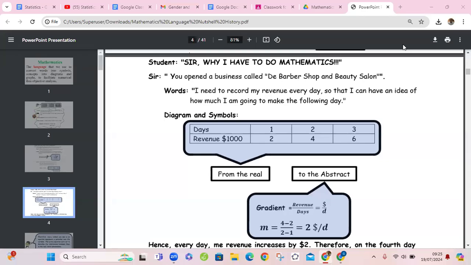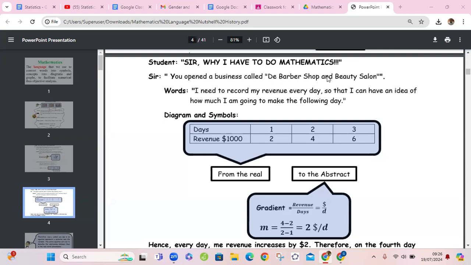So here's an example of how this is applied and how it is happening in everyday life, for example, in your business. A student may say, so why do I have to do mathematics? A response could be, well, you opened a business called the Barber Shop and Beauty Salon.